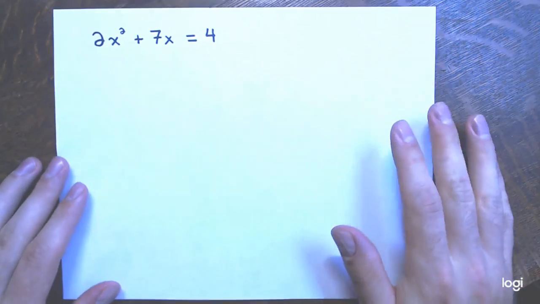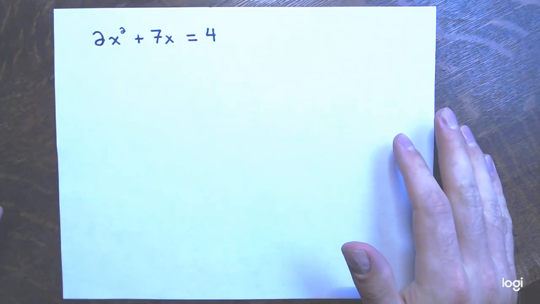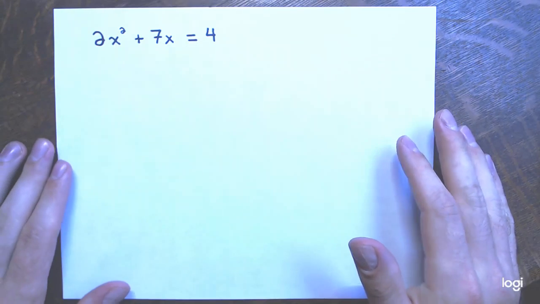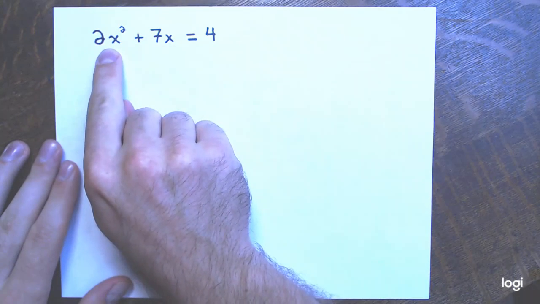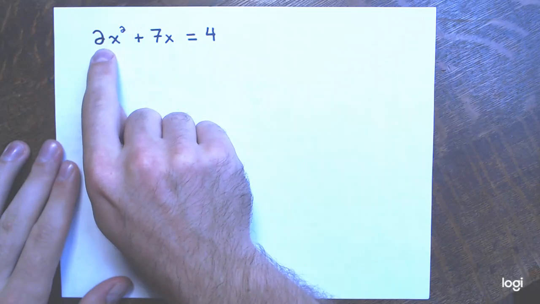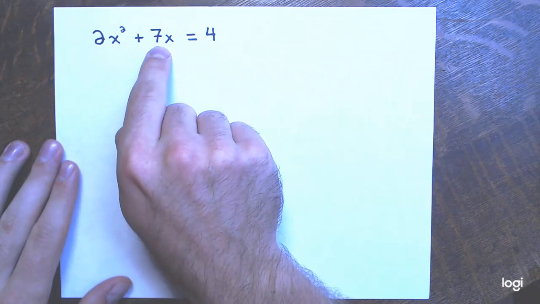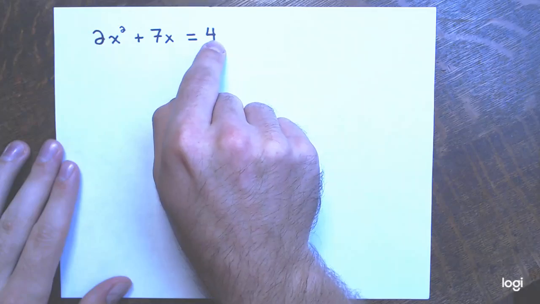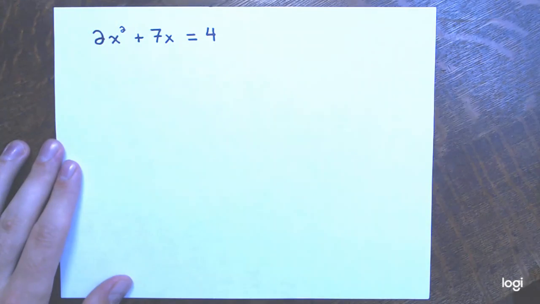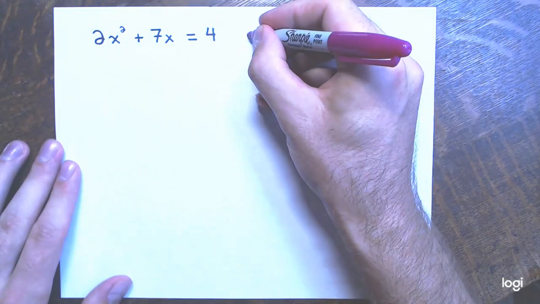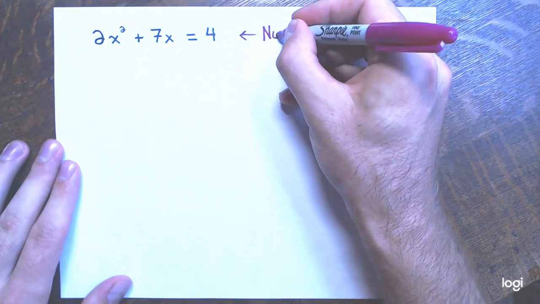So my next example, I am asked to solve again, find what could I replace x with to make this true. I have a quadratic equation, right? The highest power is squared. 2x squared plus 7x equals 4. Notice that this is not in that standard form.